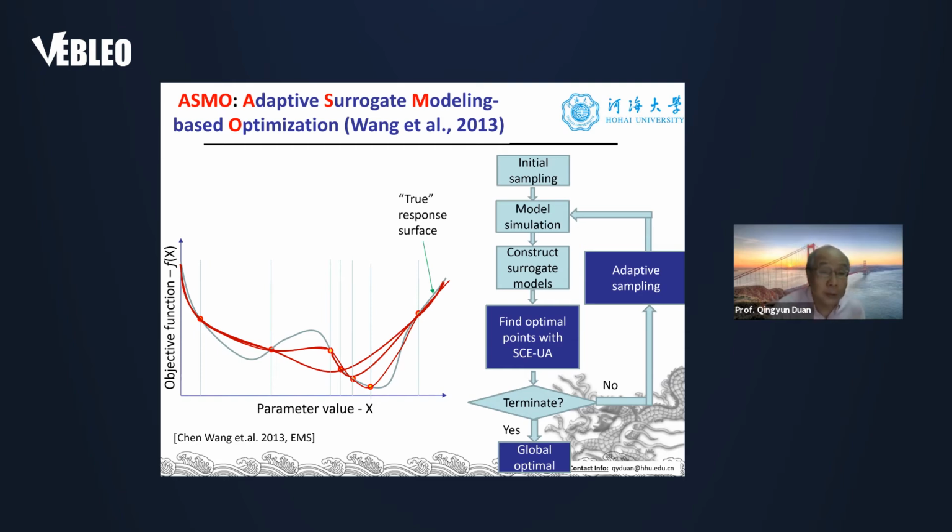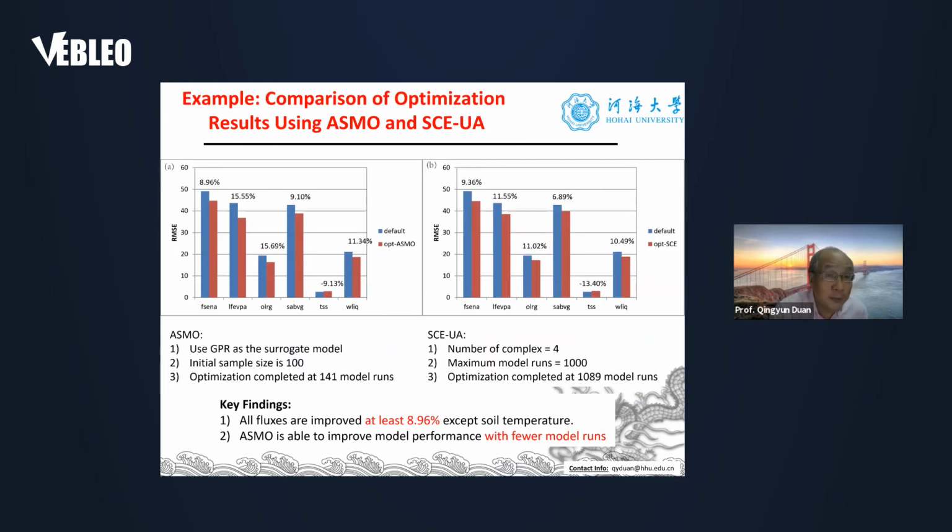For this algorithm, we tested it and compared it to the SE method I just presented before. This is a 6 objective problem. The blue here means it's not optimized. Here is optimized. So after optimization, you improve by like 9%, 15%, 15%, 9%, except this one. Compared to the SE method, you improve to the same degree.